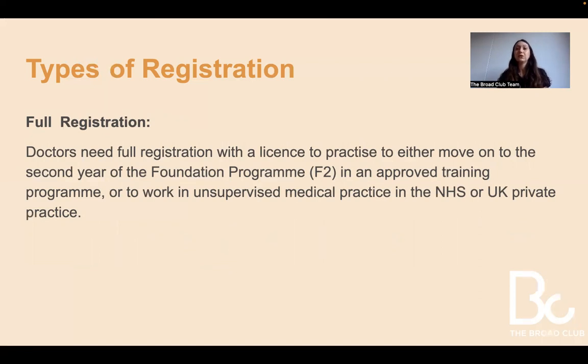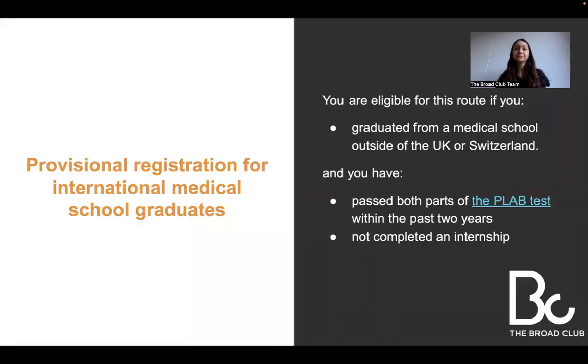And let me explain now who actually can apply for full registration or provisional registration. To apply for provisional registration, this is for international medical school graduates. So you have to graduate from a medical school outside of the UK or Switzerland. And you have to pass something called the PLAB test, which I will explain in a bit. And there will be some changes in the near future.